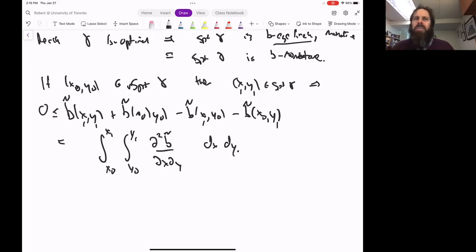So what I've written here is a little bit schematic. What I really mean is, take the line segment joining x0 to x1 and the line segment joining y1 to y0. If you integrate this mixed partial along those two line segments, you get something non-negative.